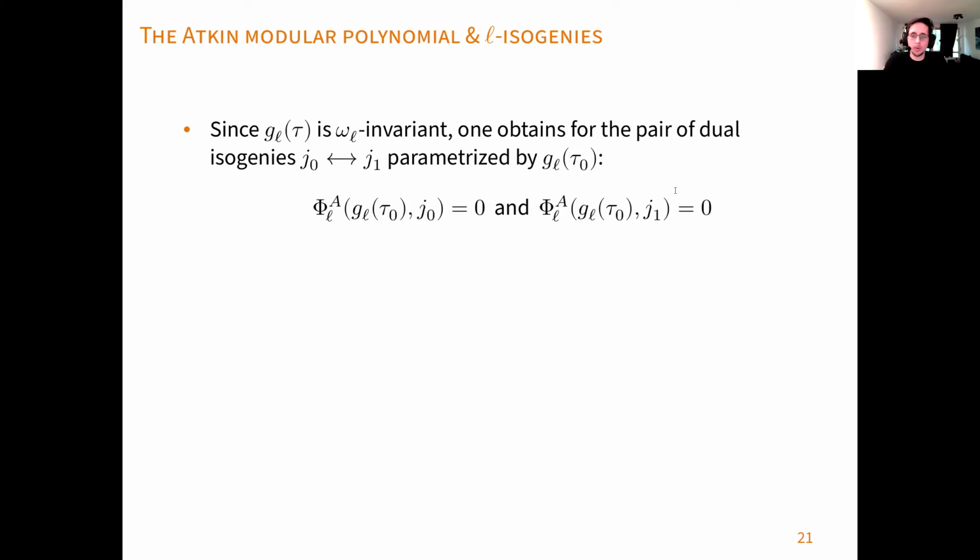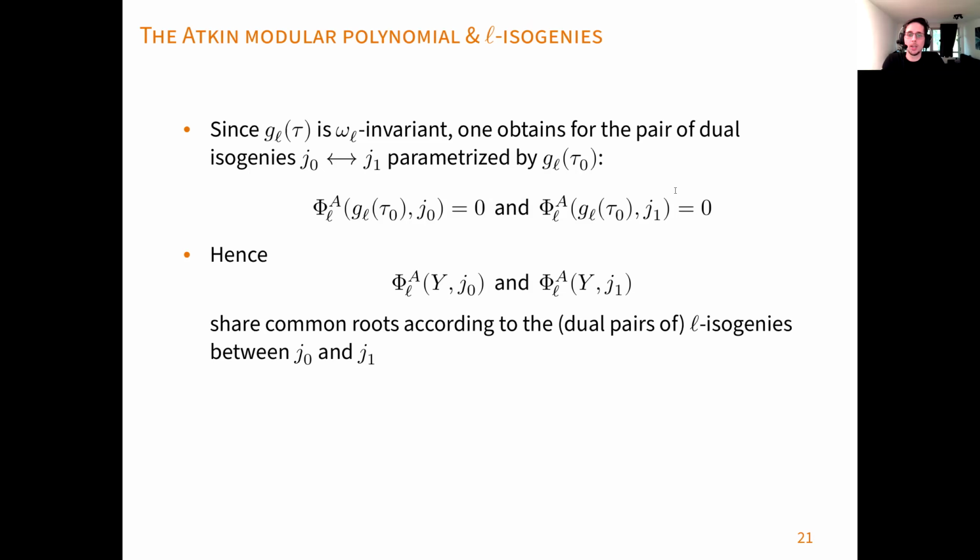And also, if we plug in as a second component the target or the other j-invariant J1. So again, we have an understanding of l-isogenies in terms of polynomials, namely explicitly, if we look at these polynomials, just plugging in j0 and j1 into the second component, then these two share common roots according to these dual pairs of l-isogenies between j0 and j1.